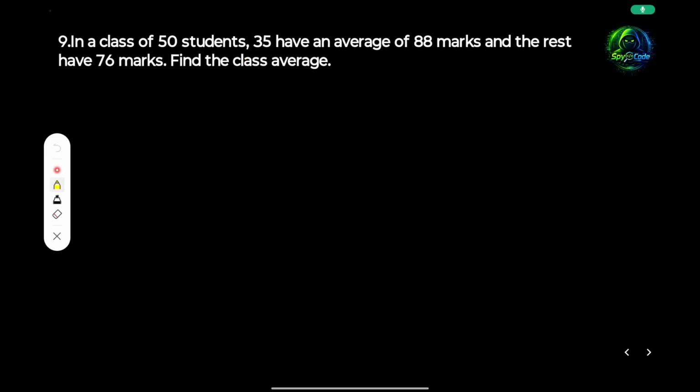In a class of 50 students, 35 have an average of 88 marks and the rest have 76 marks. Find the class average. So we need to find the total marks. For that we have total 50 students, 35 have an average of 88.